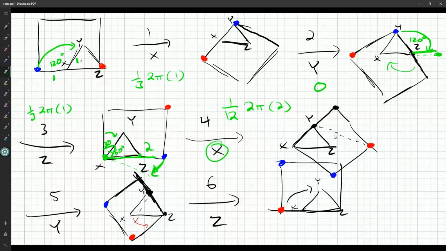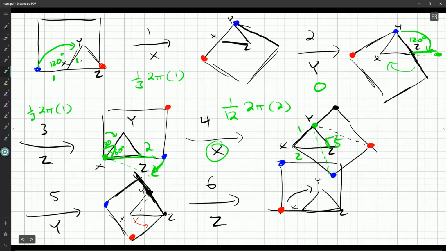Okay. I'll write all this out a little nicer and neater, but I'm just trying to understand what's going on. Now we're rotating around Y. So how far is Y away? So that'd be 1 and 2. So 1 squared plus 2 squared is 5. So a distance of root 5.